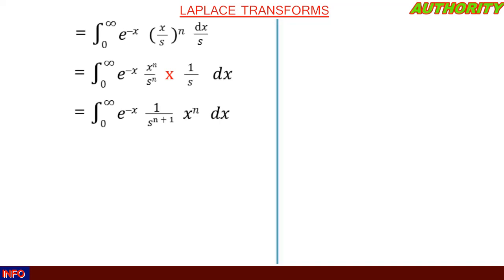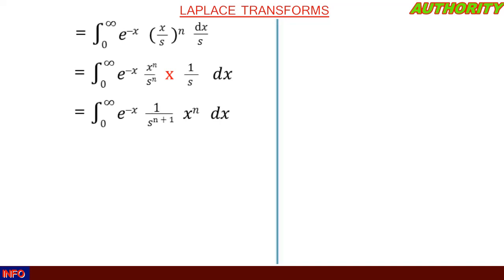Now, carefully looking at this, what do we say is our new variable now? Our new variable is x. So any value here that does not have x, we call it a constant. We call it a what? A constant. And then in integration, any constant, we take it behind the integral sign. So carefully looking at this, you see that 1 all over s raised to the power of n plus 1 is a constant.